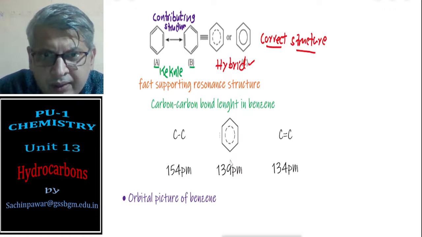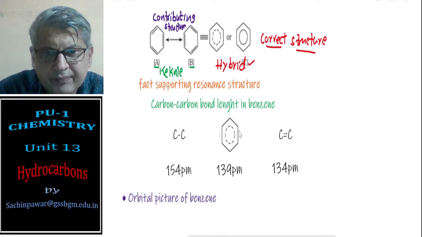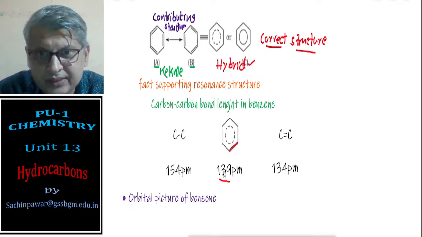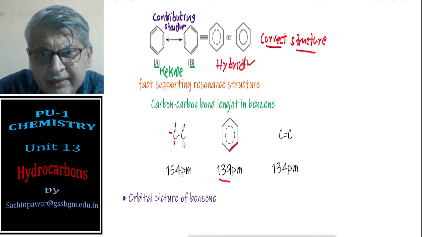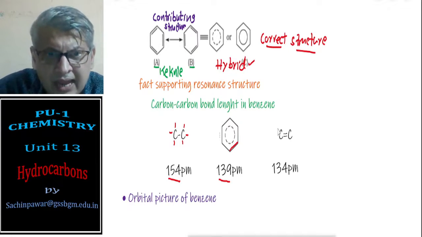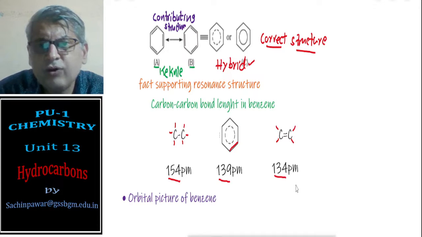The carbon-carbon bond length in benzene is 139 picometers, whereas in alkanes the carbon-carbon single bond is 154 picometers, and in alkenes the double bond is 134 picometers.